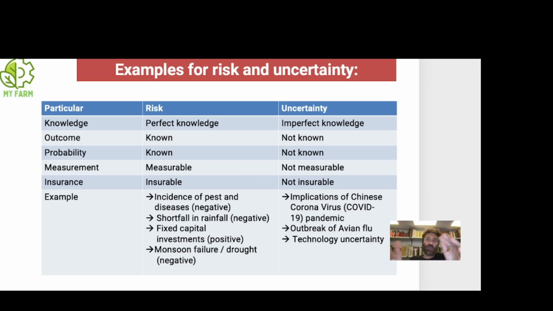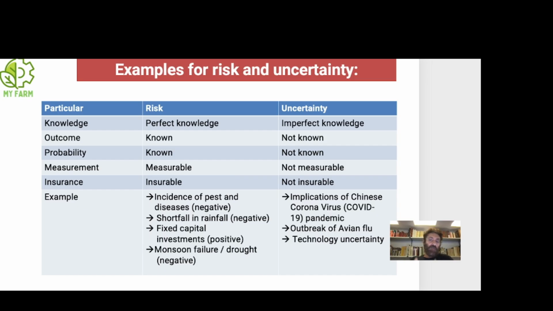If we refer to the effect of climate change on farmers' activity, on agricultural commodity markets, and so on, we can distinguish perfect knowledge in the risk era until two decades ago, and uncertainty, where we have imperfect knowledge in the scenarios and the forecasts. In terms of outcome, for risk we know the outcomes, especially in the distribution of probability of events, if we talk about weather events.